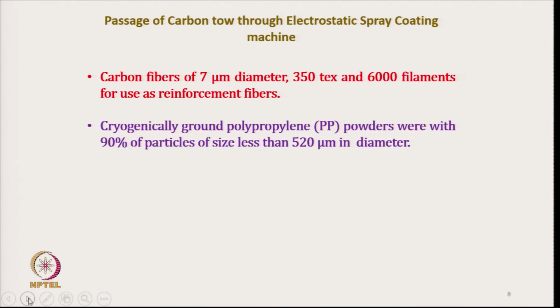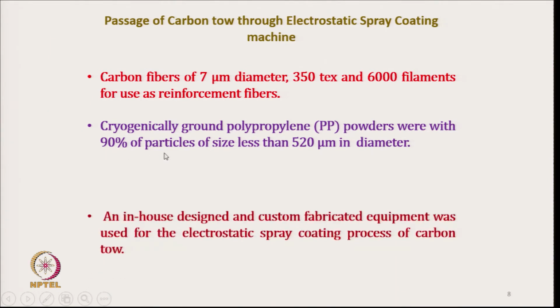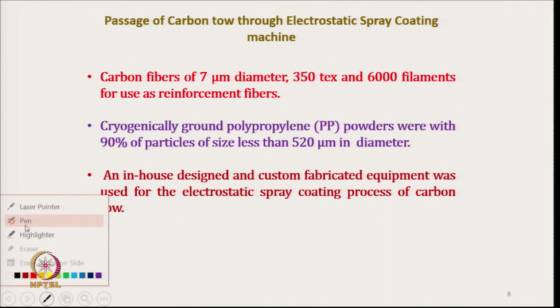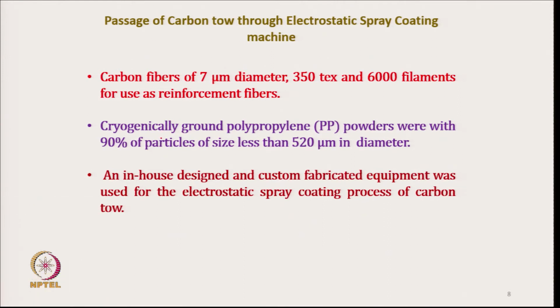And polypropylene is a cryogenically ground powder with a maximum diameter typically of 520 micron. So, more than 90% of the particles are less than 520 micron.